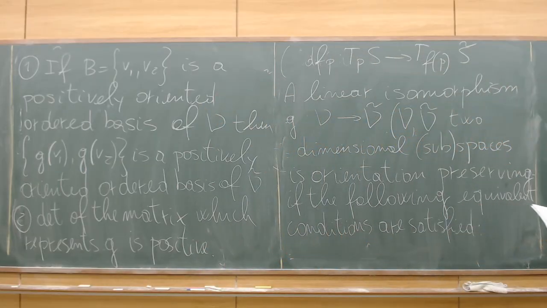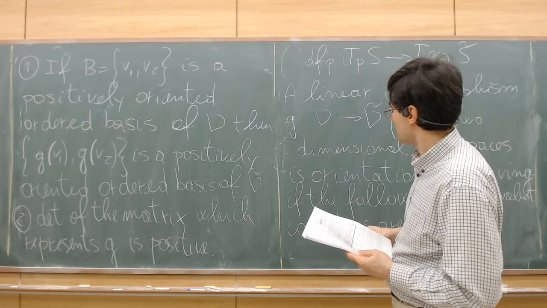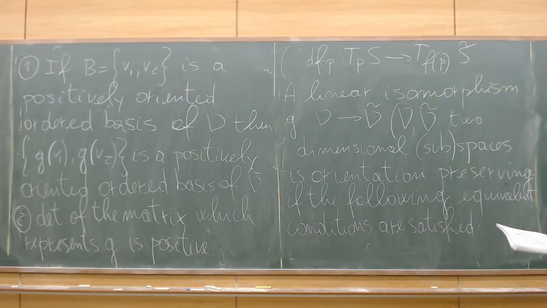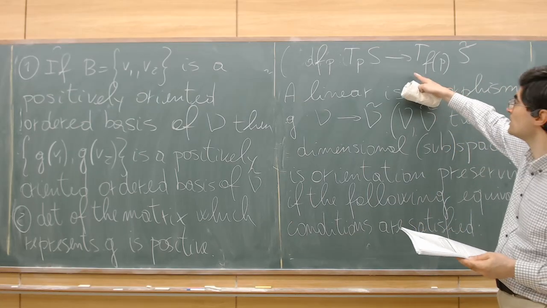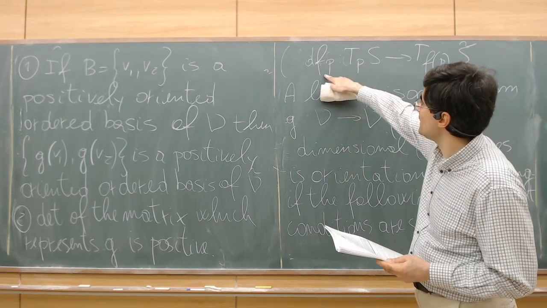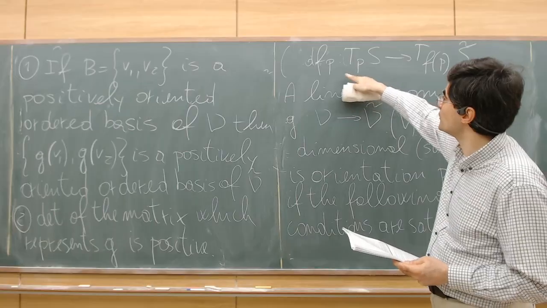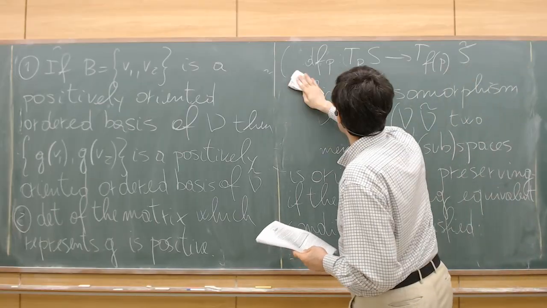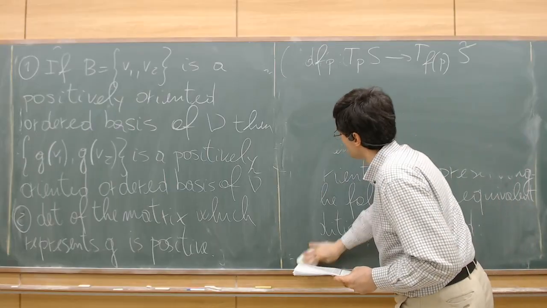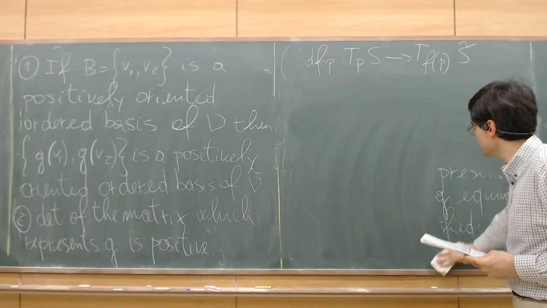Now we have a simplification when the surfaces are connected, because this definition says that I have to check that this map is orientation preserving for any P. So we have a lot of work to do if we want to check that a diffeomorphism is orientation preserving.